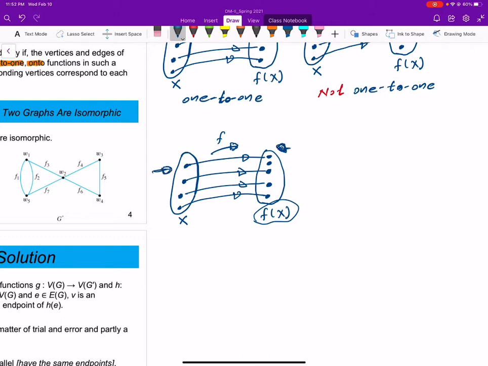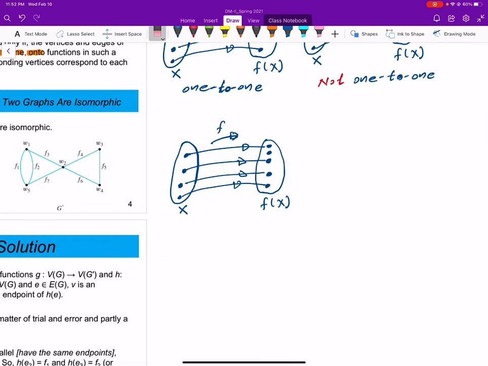In this given example, you can see that this element is not mapped. So that's not onto. If this element is not mapped, that is not onto.